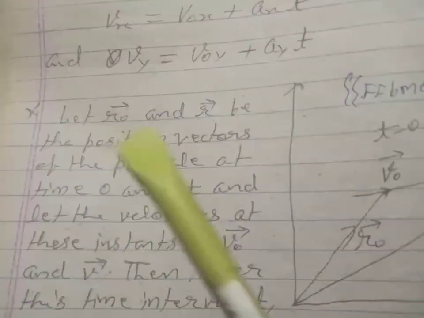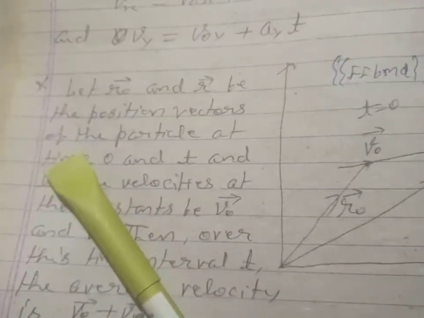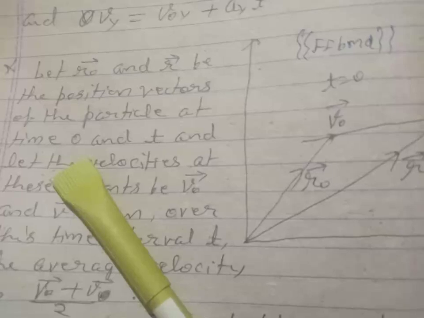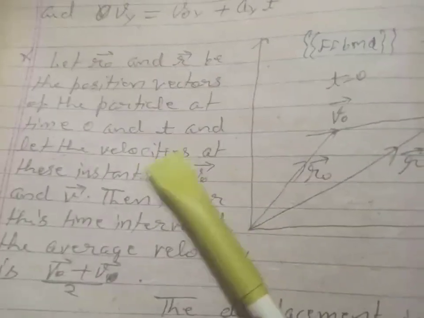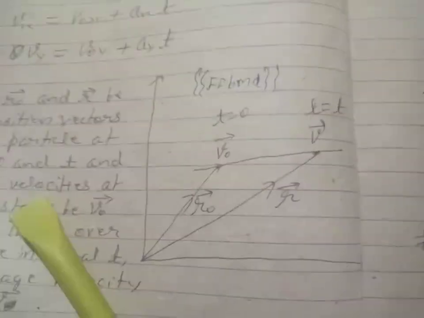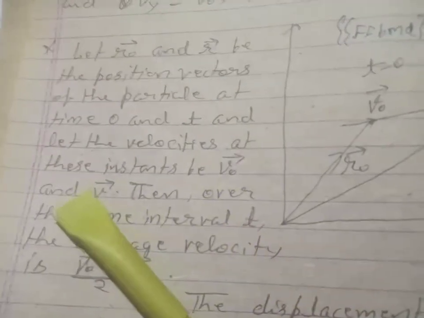Let r naught vector and r vector be the position vectors of the particle at time t equals 0 and t as shown in the figure, and let the velocities at these instants be v naught vector and v vector.